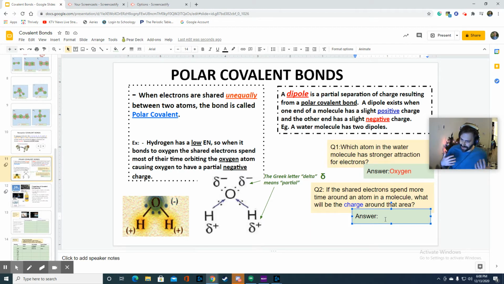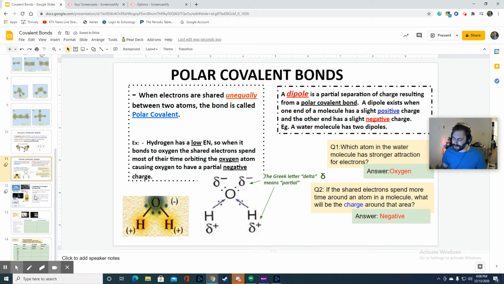Remember that electrons are negative, so if there are more negatives around a certain atom, the atom is going to be negative. Oxygen is going to pull electrons toward it, and it's going to have a partial negative charge.